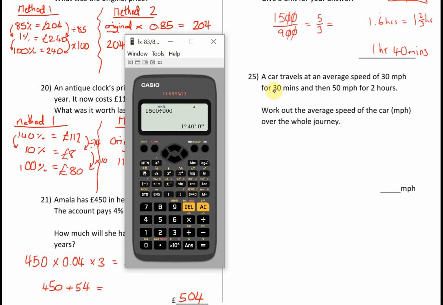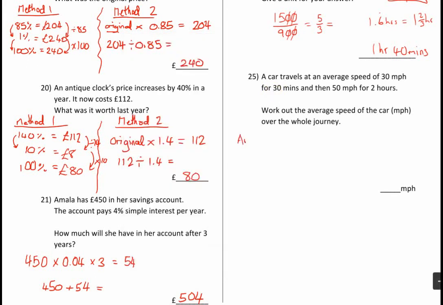What we need to do here, average speed, is equal to total distance divided by the total time. So we need to figure out the total distance covered.